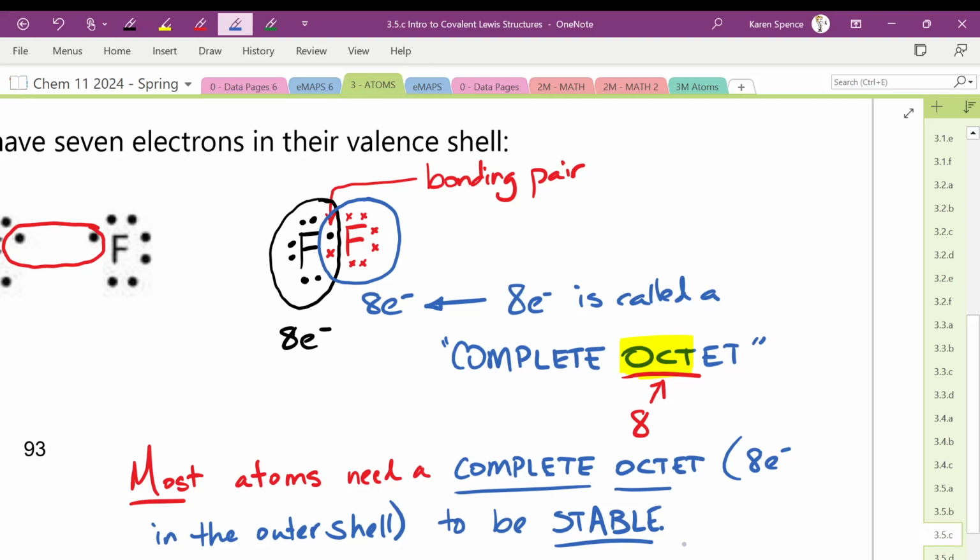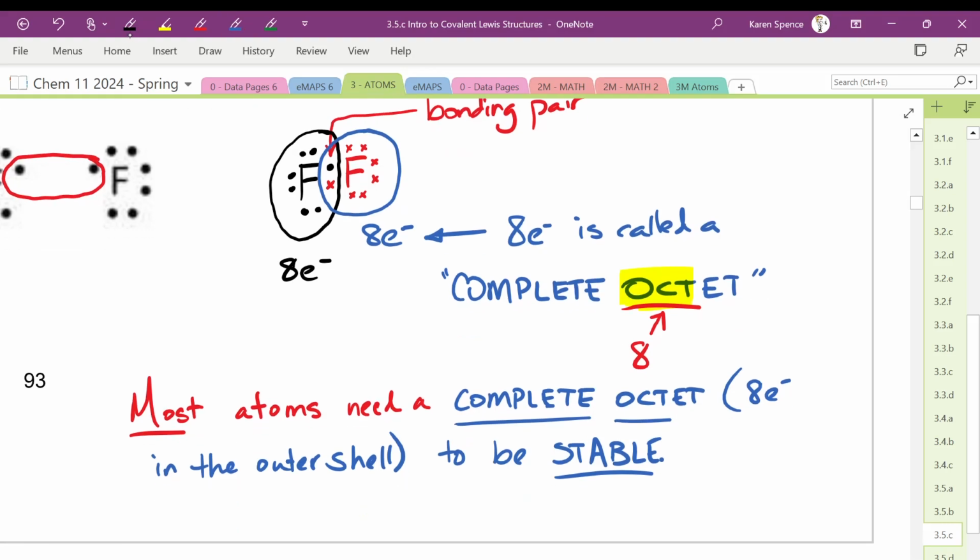Who is an exception to that? Hold up. Gotta get that bonus mark. Oxygen? How many would oxygen need to be stable?